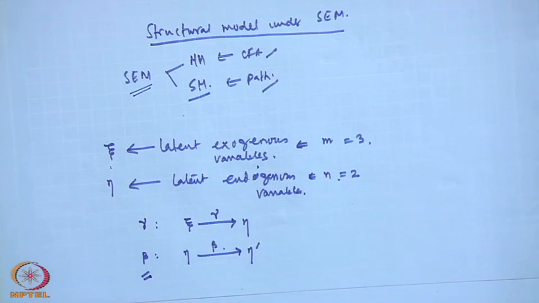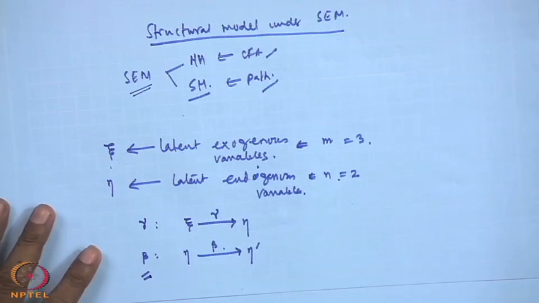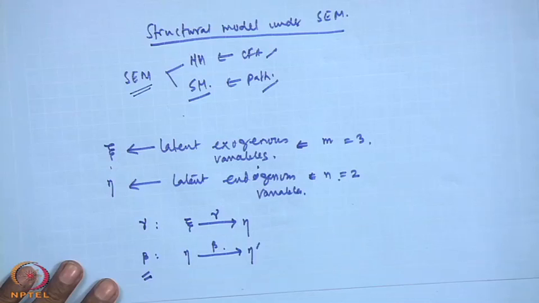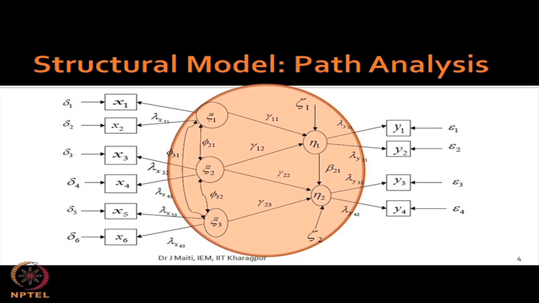Now, in addition, if you see the totality of this particular picture, you will see that on the left hand side, the latent exogenous constructs are manifested by x variables, and latent endogenous constructs are manifested by y variables. So, in the last class you have seen the factor analysis part.